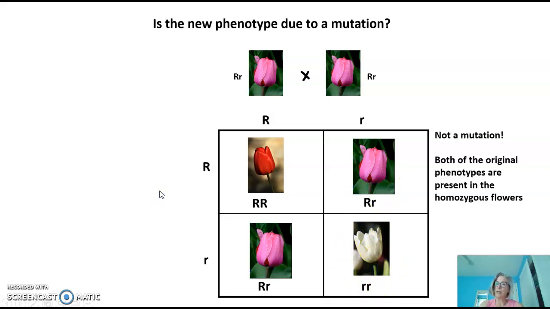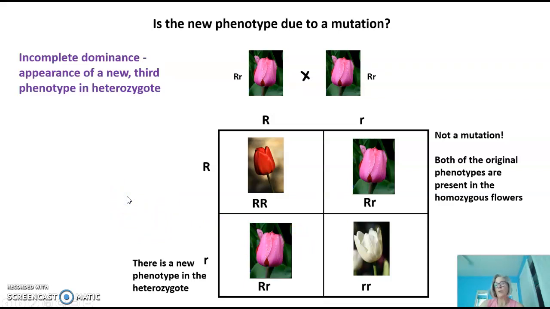So this was not a mutation because both of the original phenotypes are present in the homozygous flowers when they did this cross. But there is this new phenotype in the heterozygote. So we have a new term, and that's called incomplete dominance. And that's when you have the appearance of a new third phenotype in the heterozygote. So in this case, you would still have two alleles, a dominant and a recessive.